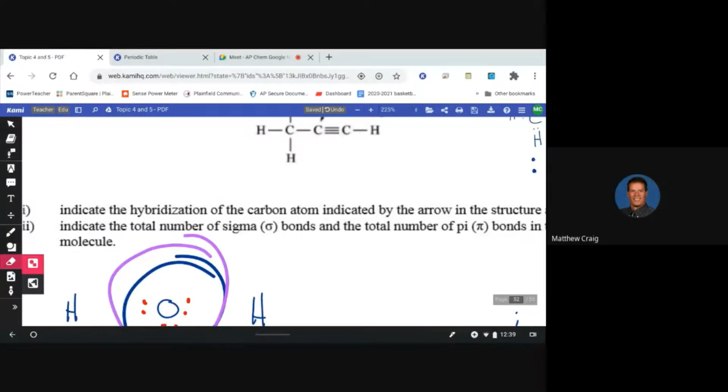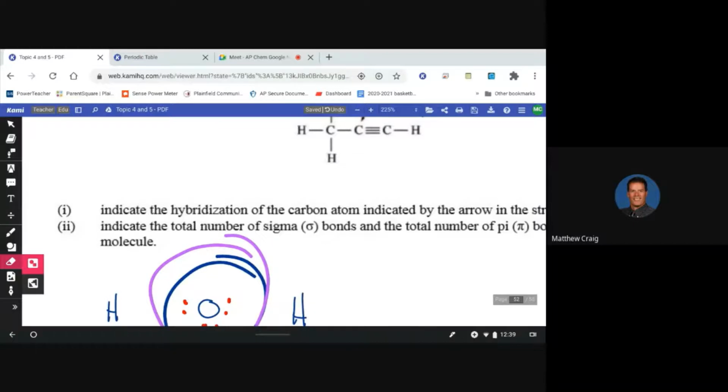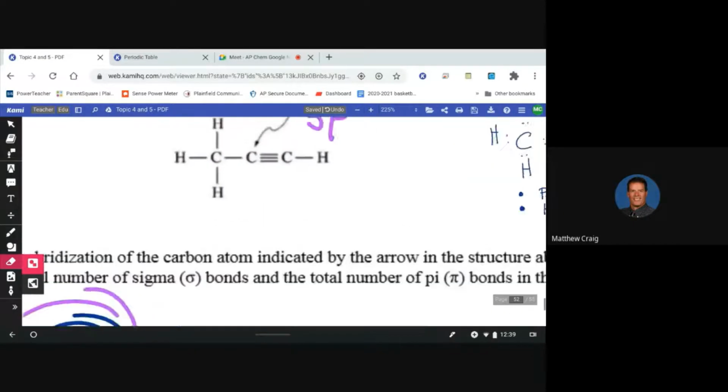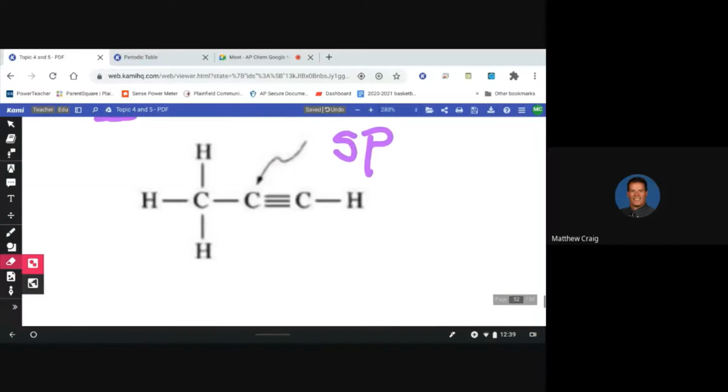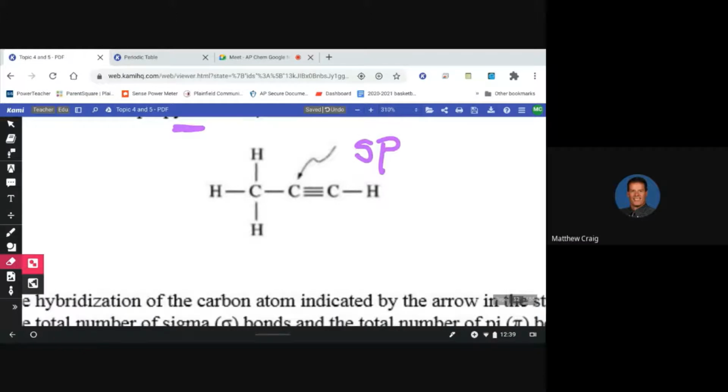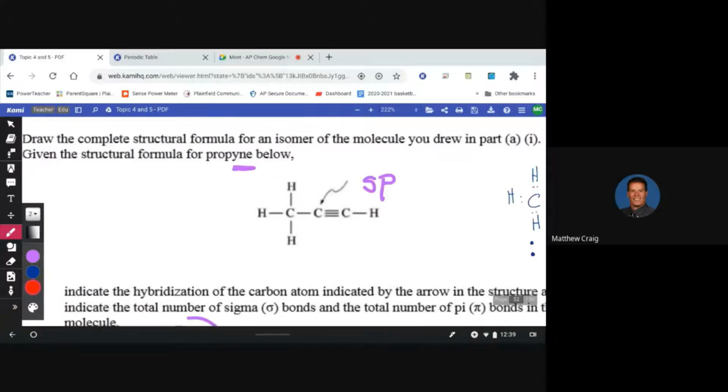Now Duffer's ready for the next part. It says indicate the number of sigma and pi bonds on the whole thing. All right, Duffer, this is your chance to redeem yourself. Okay, let's see here. So 1, 2, 3, 4, 5, 6.